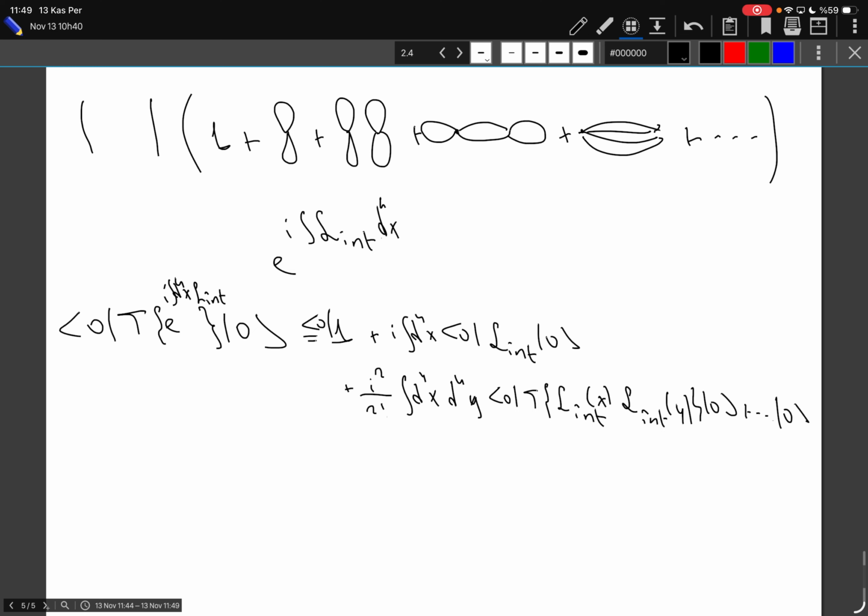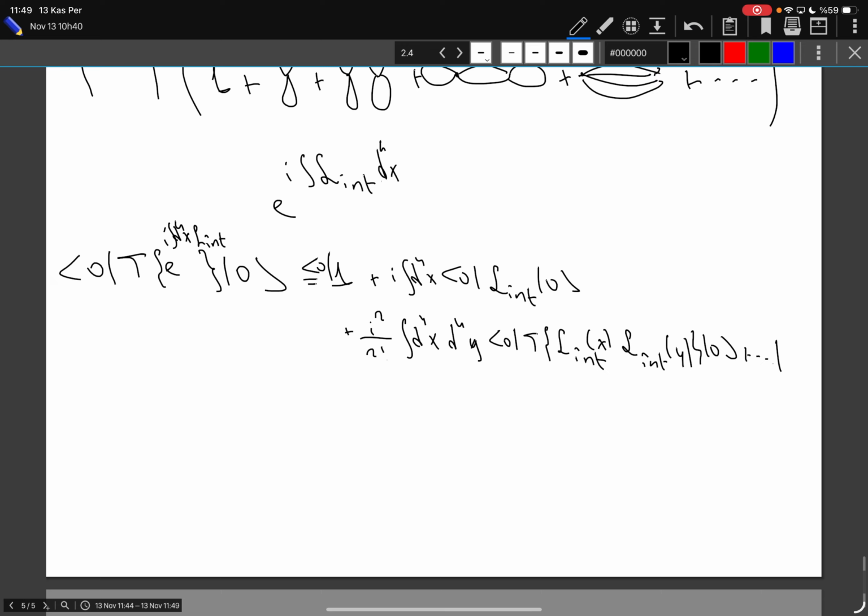Now this is what I have. Well, I can consider these diagrammatically. I have 1 plus. Well, in this one, I have just one interaction vertex. All have to be contracted. In this one, I have 2 interaction vertices, and I have to consider all possible contractions.